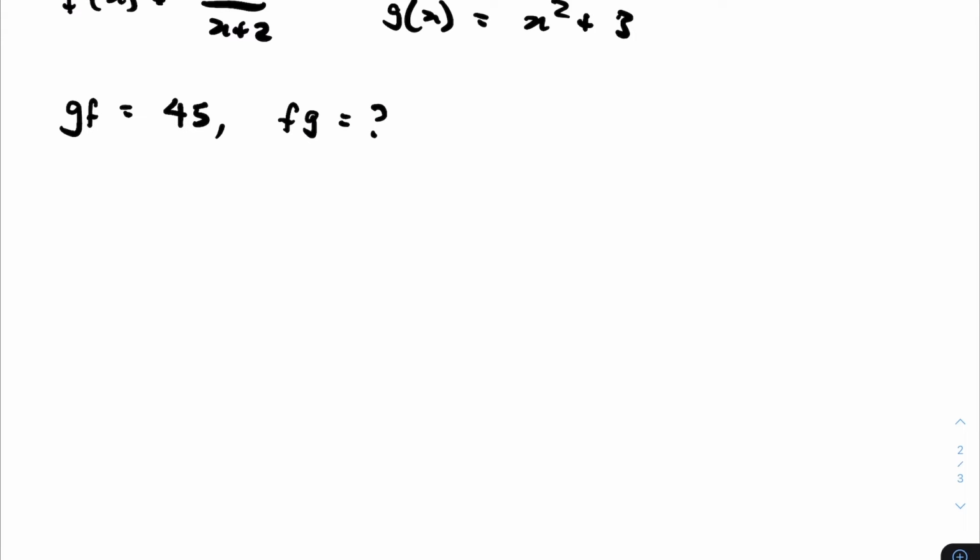So essentially the first thing we need to do is find what g of f is and equate it to 45. So g of f would be putting f of x into g of x, so that would be g of f of x.